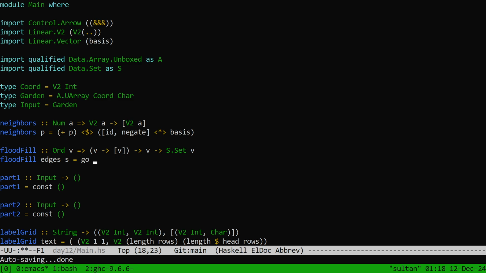And every time you visit an actual node, you check to see if it's already in the seen set, and if so, you just keep going with the same seen set and pull a new thing out of the frontier.